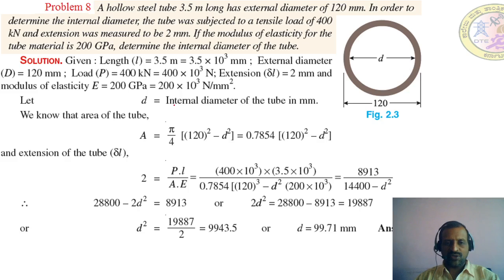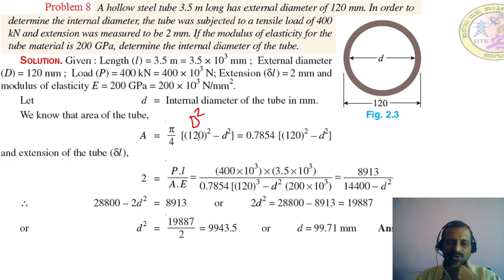Let small d be the internal diameter of the tube in mm. The capital D we have taken for the external diameter, and small d I am considering for the internal diameter. So we know that the area of the tube A is equal to pi by 4 into (120 square minus d square). It means capital D square minus small d square.